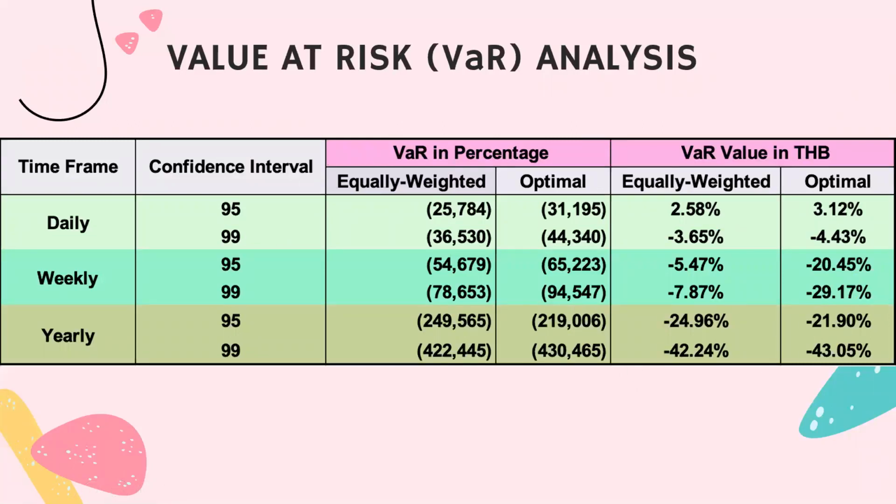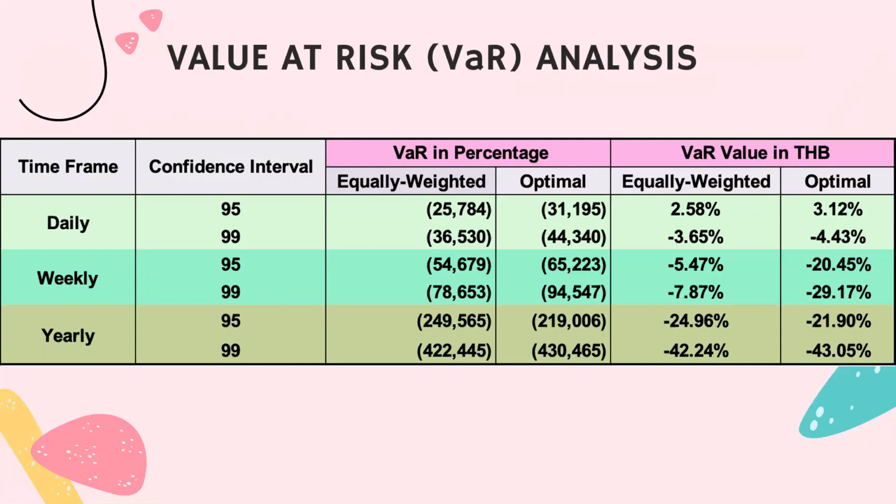The optimal weighted portfolio seems to have higher value at risk numbers than the equally weighted portfolios, except this interesting number here with the time frame yearly and 95% confidence interval. It's very interesting because the optimal portfolio seems to outperform the equally weighted portfolio because it has lower value at risk.